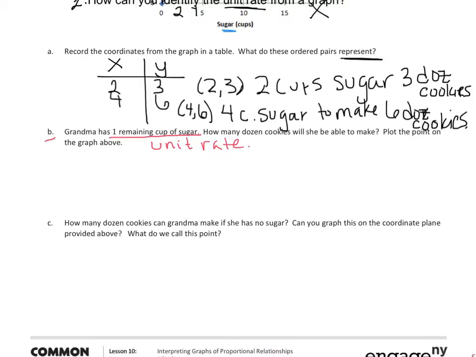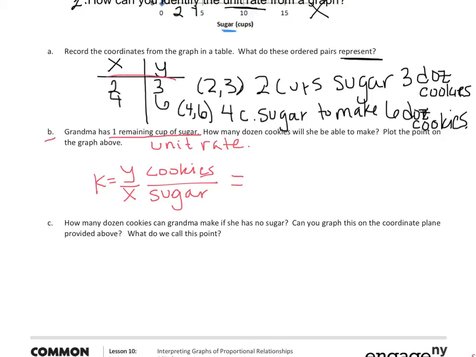If I want to know how much per cup. So k equals y over x. And just to remind ourselves, y was the number of cookies and x is sugar. So if I can get the sugar to be 1, then I'll answer my question. Okay, so let's write that down. Cookies and then sugar. So we want sugar to be 1.